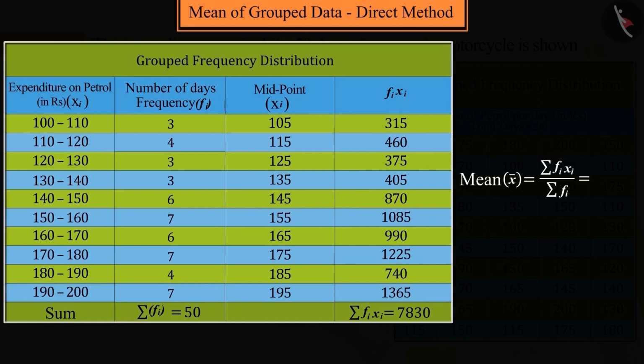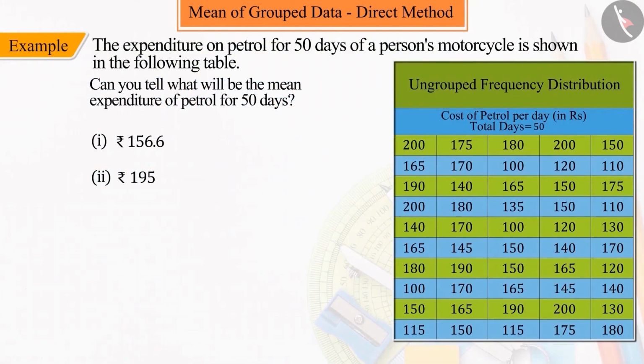We get 156.60. So we can say that the mean expenditure of petrol is 156.60 rupees. That is, option 1 is the correct answer.